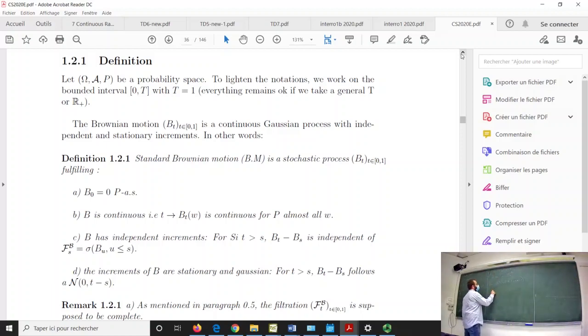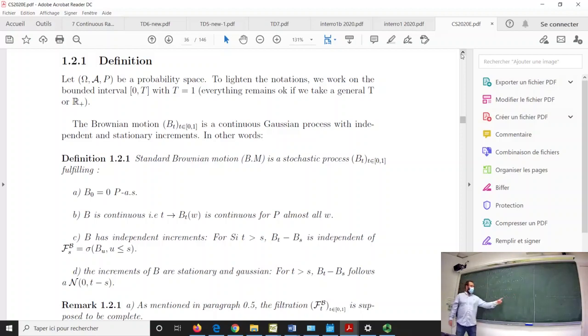If T is strictly greater than S, I know the distribution of Bt minus Bs. It follows N(0, T minus S).